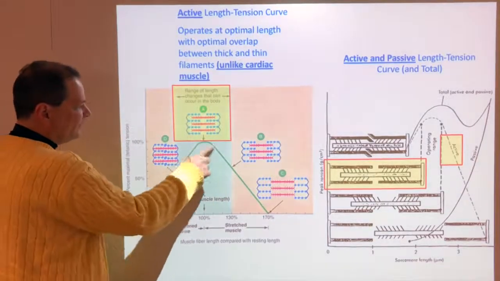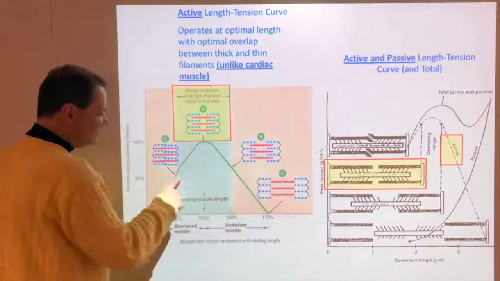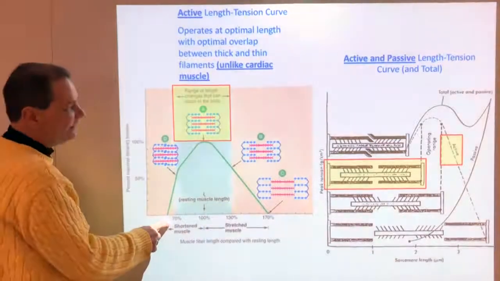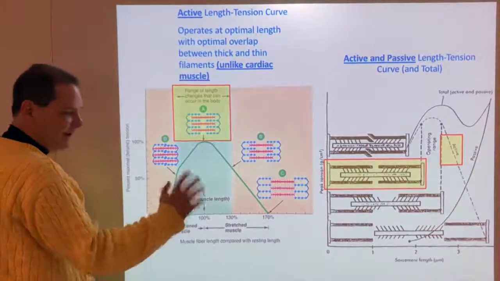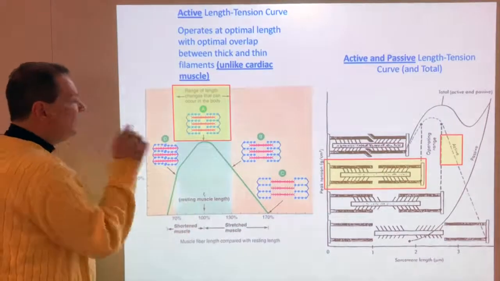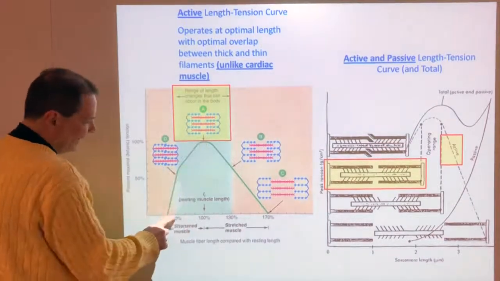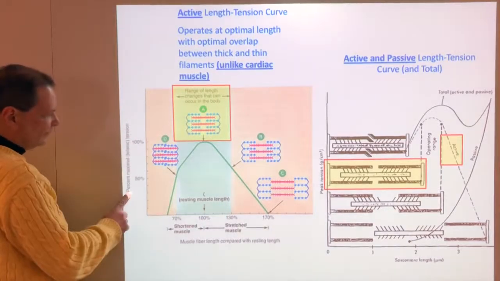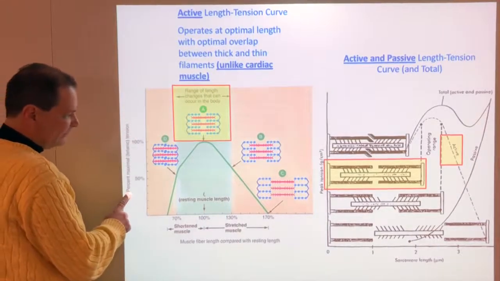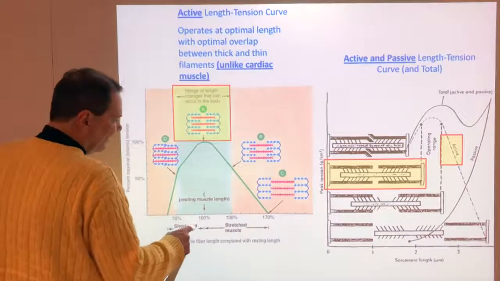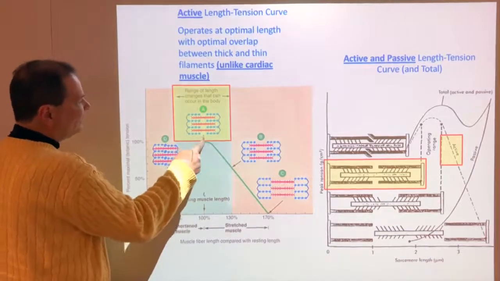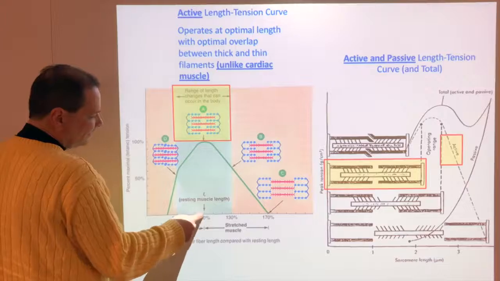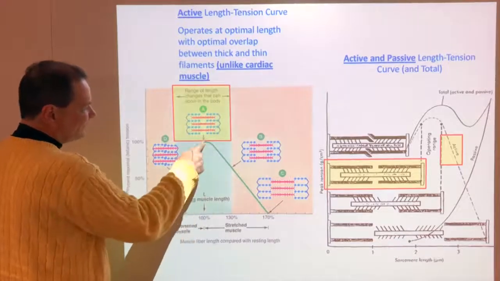But for the active curve, that is the amount of tension generated by actin and myosin interactions and active, ATP-dependent contraction, you'll notice that as length changes, the force of contraction or the tension generated changes, right? You get a peak here, and this is the optimal length for the skeletal muscle.